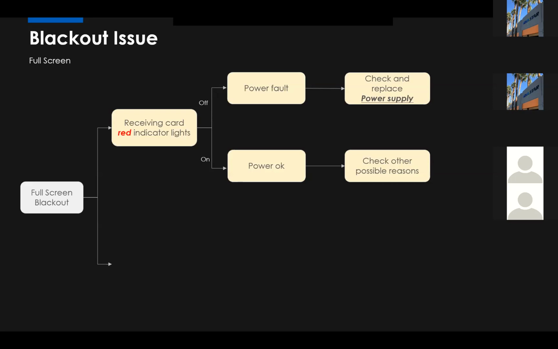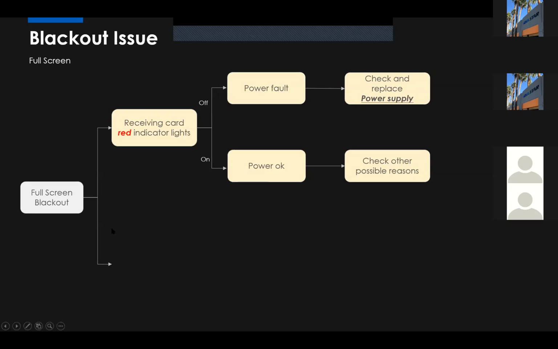From the indicator checks, we can see the red indicator. If the red indicator is off, this means the receiving card is not powered. So we need to check and replace the power supply. And if the red indicator light is on, the power is okay, then we need to check another possible reason. So we can check the receiving card green indicator light.